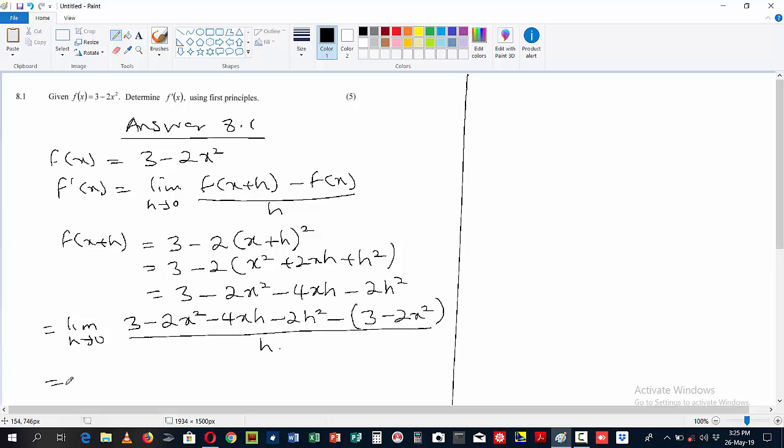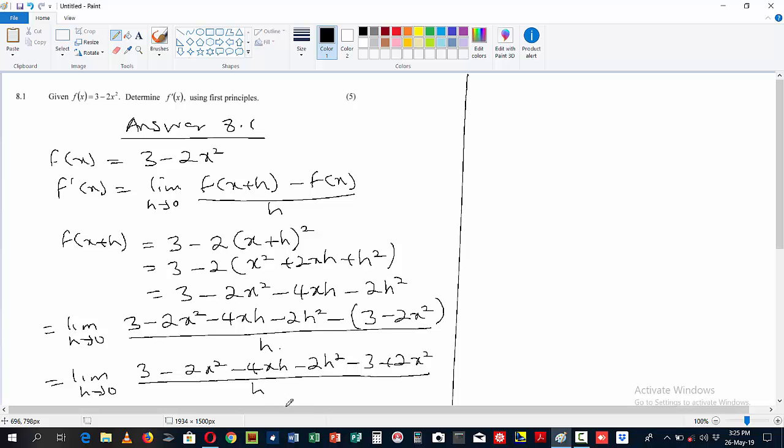Now we can have the limit as h tends to 0 of 3 minus 2x squared minus 4xh minus 2h squared minus 3 plus 2x squared, divided by h. Now, we have already substituted for the f of x plus h and f of x.